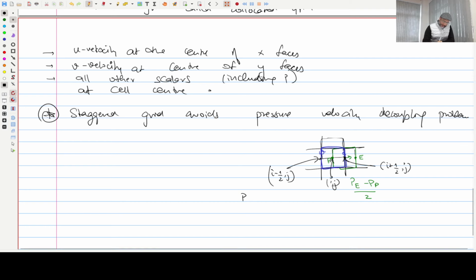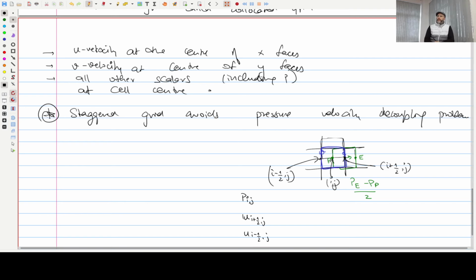So the pressure P will be defined on i comma j, whereas the U velocity, for example, will be defined on i plus half comma j and i minus half comma j. Alright. So when we write the predictor equation, we'll be writing it not for u i comma j, but for u i plus half comma j.